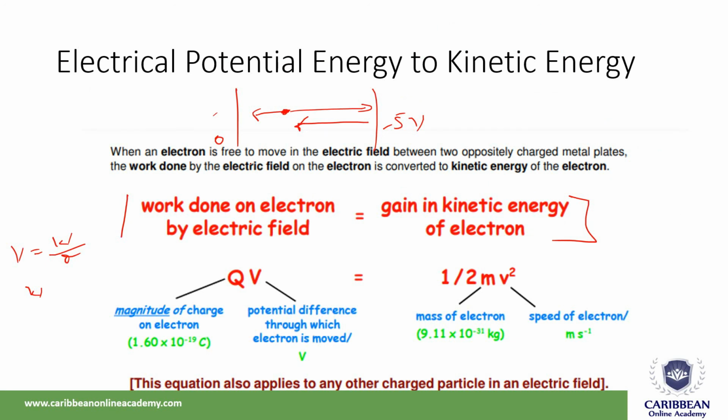Whenever we have an electron moving freely in an electric field between two oppositely charged plates, work is done by the electric field on the electron and is converted to kinetic energy of the electron.